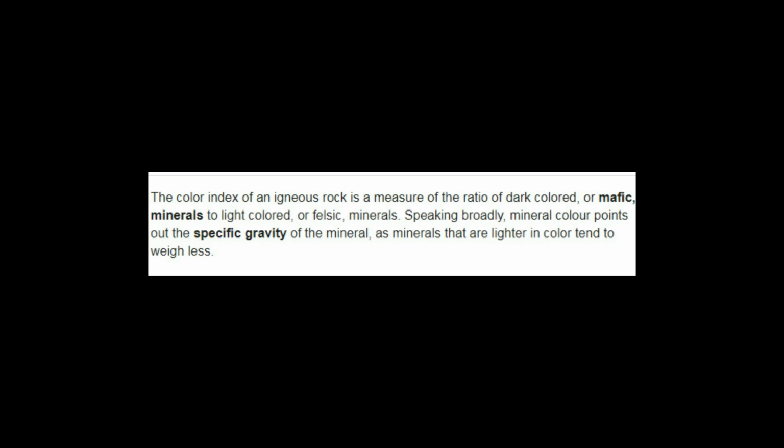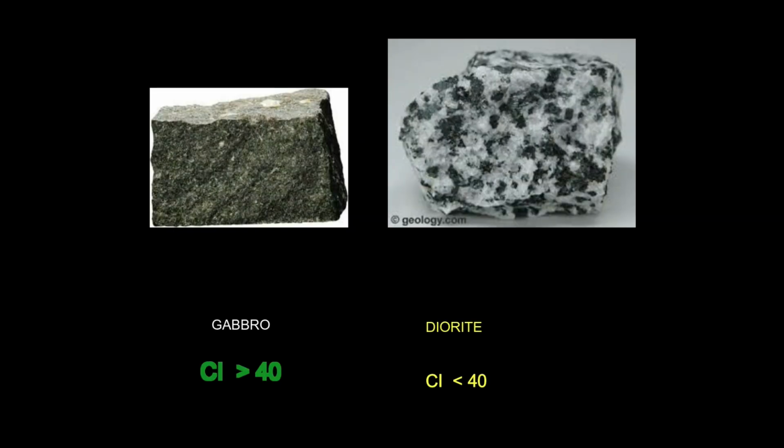It is very small for acidic igneous rocks and gradually increases to 100, which is for ultramafic rocks. Broadly speaking, felsic minerals have a low specific gravity, whereas mafic minerals have a comparatively higher specific gravity. Gabbro has a color index of greater than 40, whereas diorite has a color index which is less than 40.